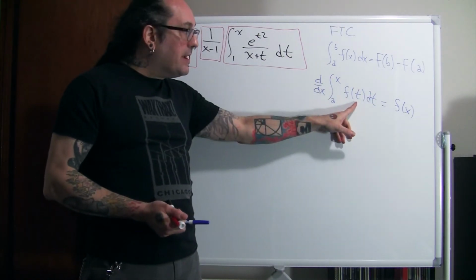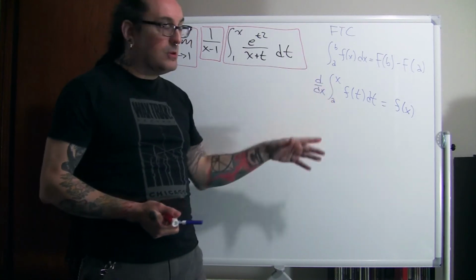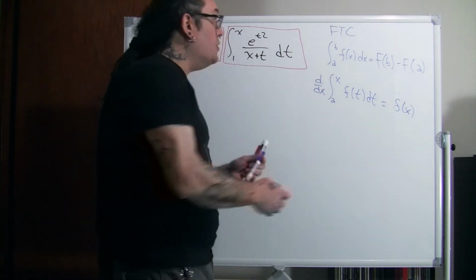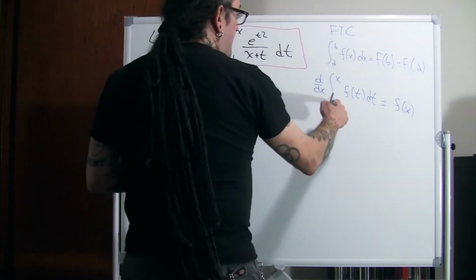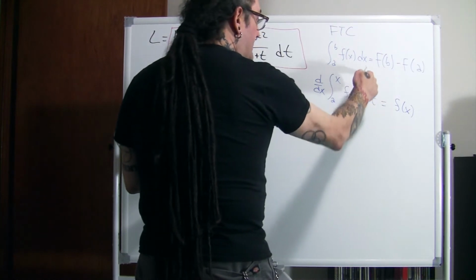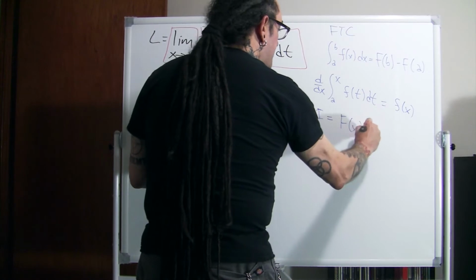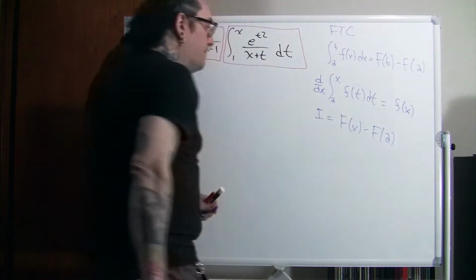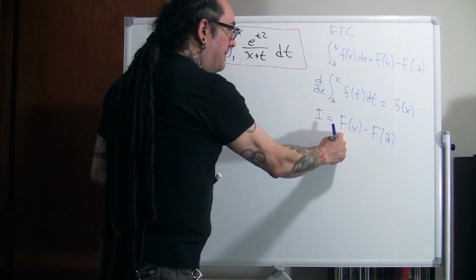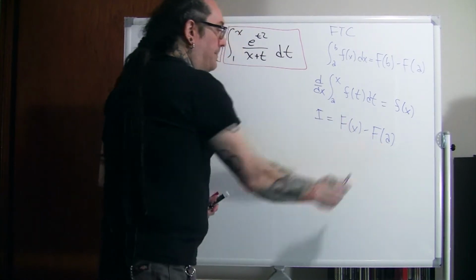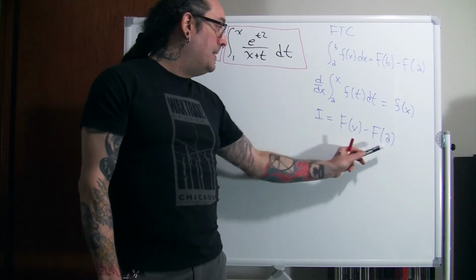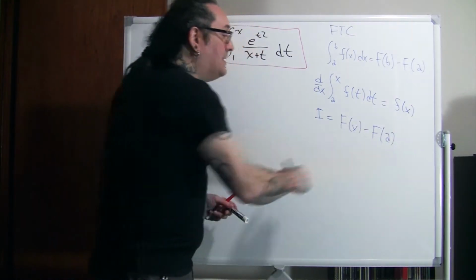If we integrated this as an integral with a variable upper limit, using the first part of the fundamental theorem of calculus, if I call this integral I, it would be big F of x minus big F of a, because it's the antiderivative evaluated at the upper and lower limits. If I put in a, which is a number, and take the derivative of this, the derivative of a constant is 0.